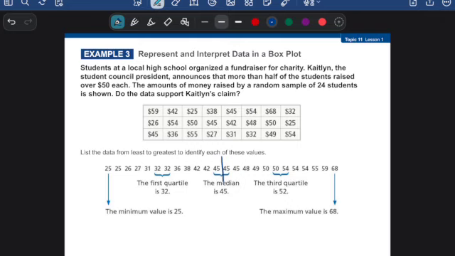Now we're going to find the median of the first half, or the lower half, to find quartile 1. Again, this is 12 data points, so I'm going to find the median of 12. That means I'm going to count 6 from the first one, 1, 2, 3, 4, 5, 6, and I should have 6 data points to the left of my first quartile and 6 data points to the right of my first quartile.